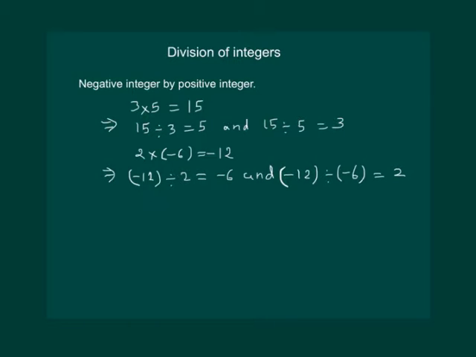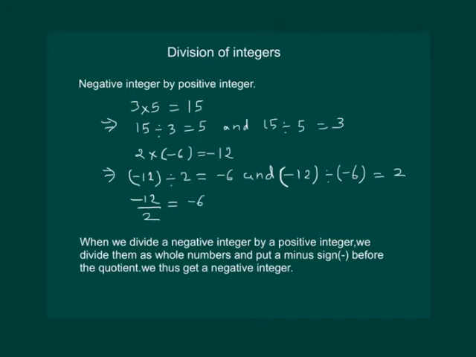But firstly, let us consider the first case where a negative integer is divided by a positive integer. That means we are getting minus 12 by 2 equal to minus 6.